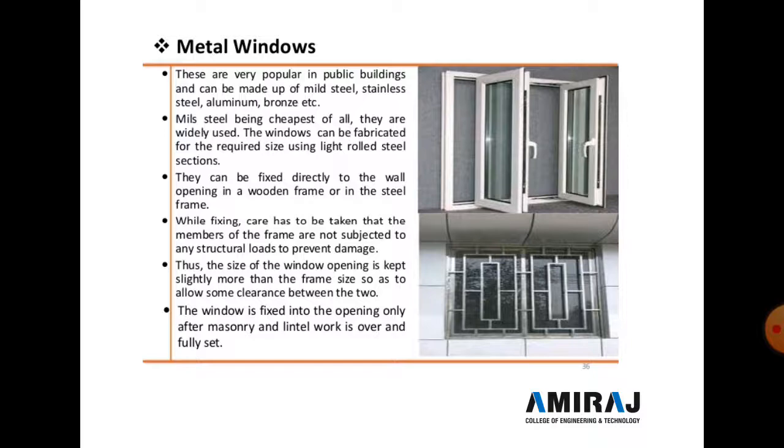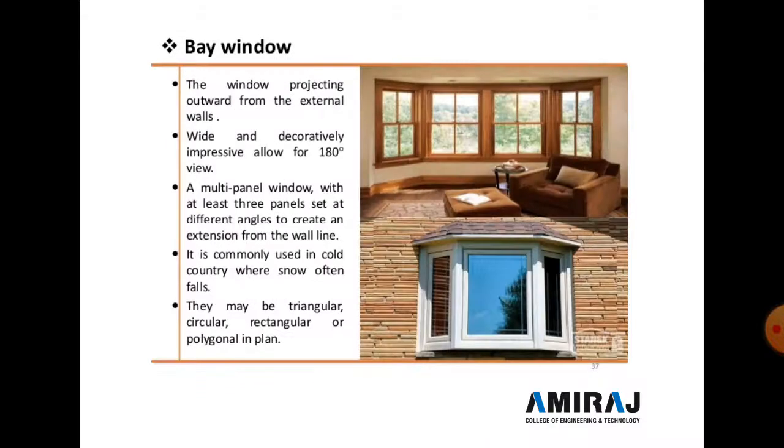The window is fixed into the opening only after the masonry and the lintel work is over. So after completion of the masonry work, at the end of the construction work, this type of window is fixed in the wall.